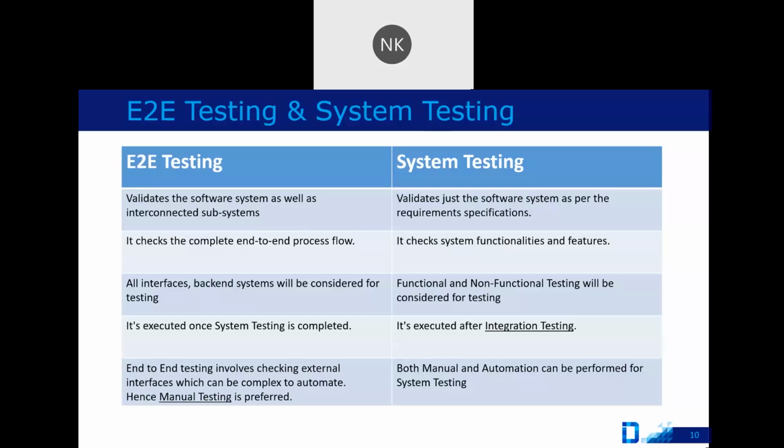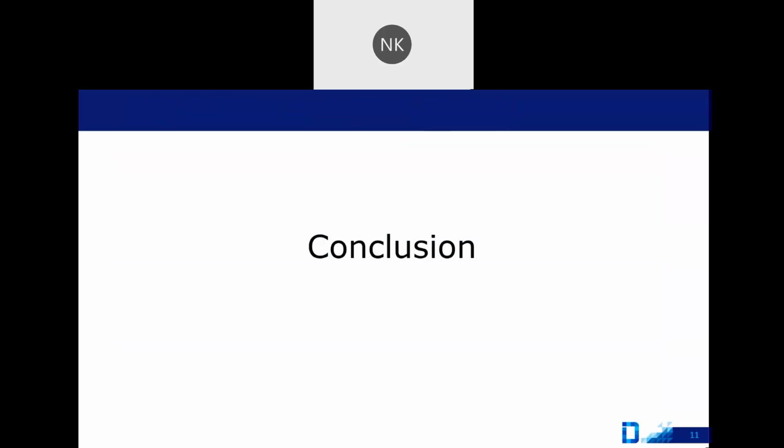So this is what I wanted to tell you today. I hope that even if you were sometimes confused with some points, everyone gets a brief idea about E2E testing. In software engineering, end-to-end testing is a process that verifies the software system along with the subsystems.